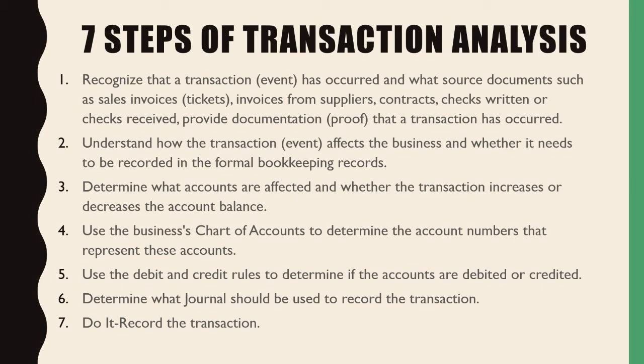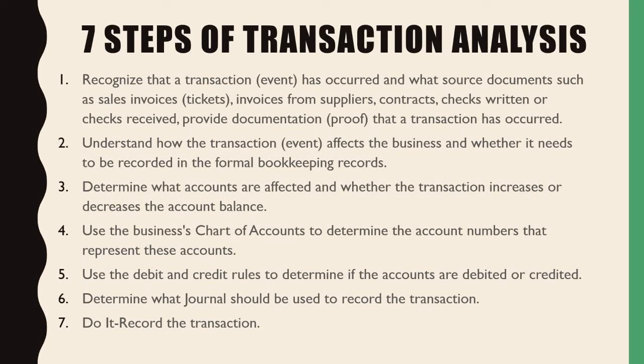What happened? I bought coffee. Why did I buy coffee? Because I needed to run my business. How did it happen? I went to the store and bought it. How did I pay for it? I used cash. Okay, so those are usually going to be key factors to help you organize your information.